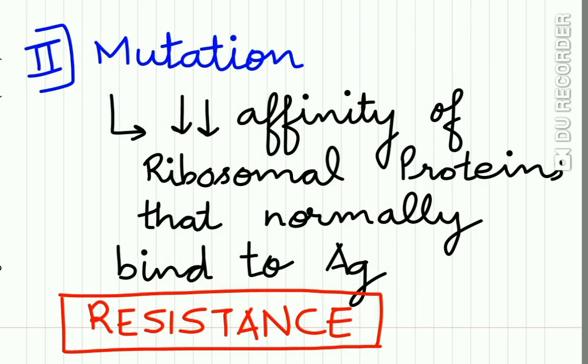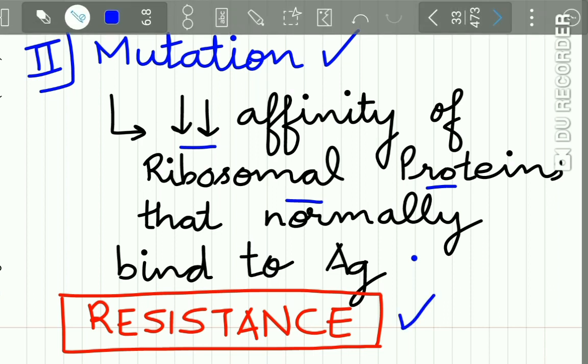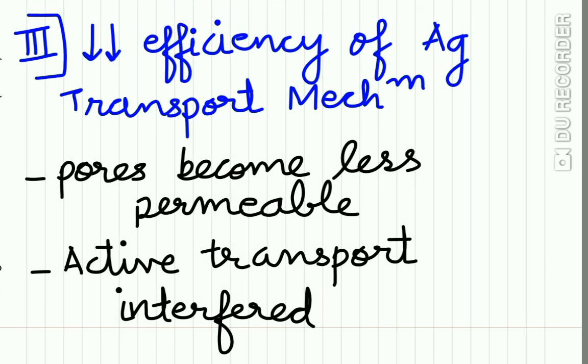Now, the second mechanism of resistance is by mutation. Due to mutation, there is reduced affinity of the ribosomal protein that normally binds to the aminoglycoside, resulting in high resistance. Third mechanism is reduced efficiency of the aminoglycoside transport mechanism.